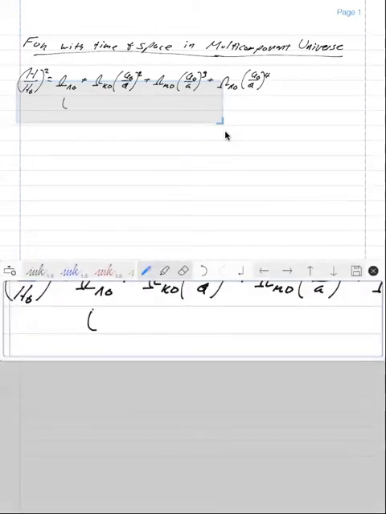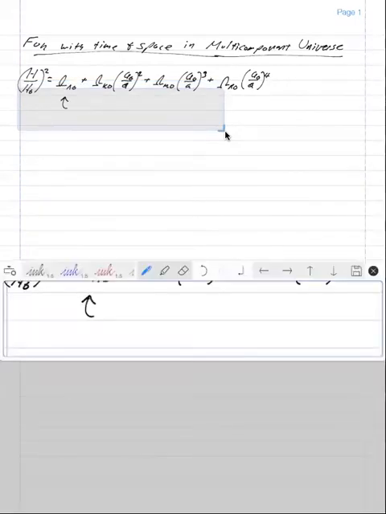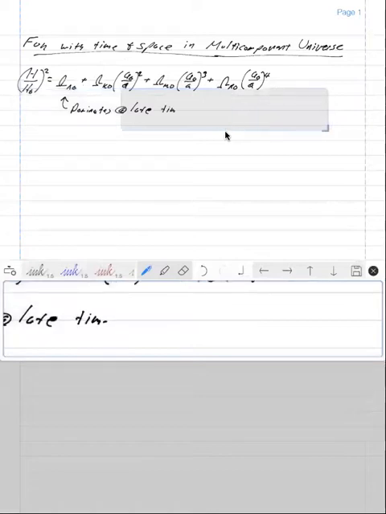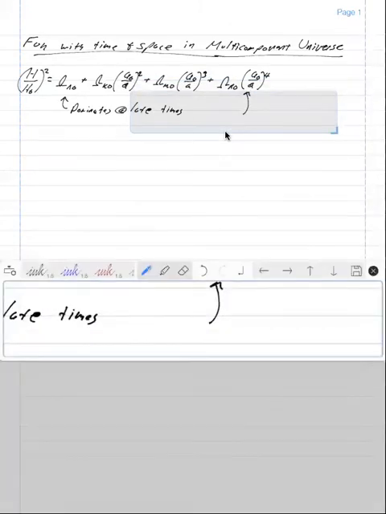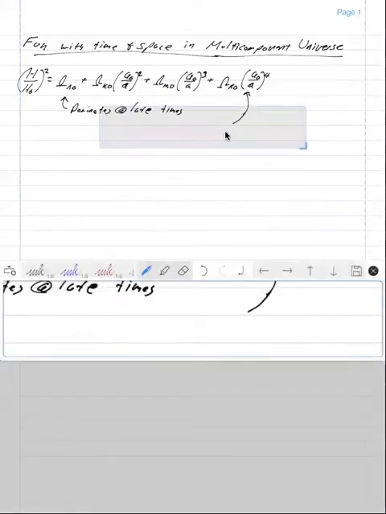And as the universe expands, each of these terms will dominate the expansion of the universe. So, for example, this term dominates at late times, while this term dominates at early times.